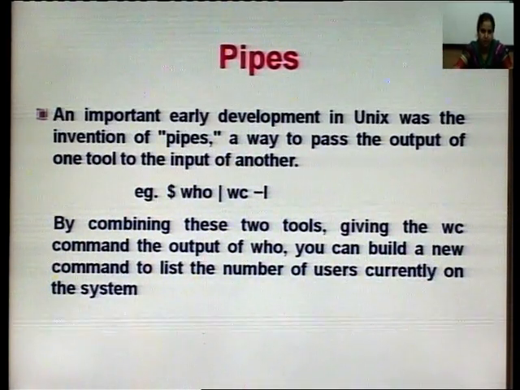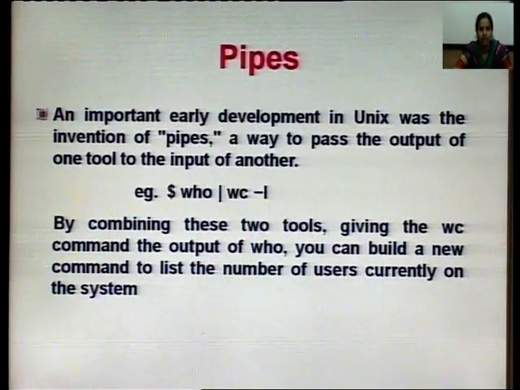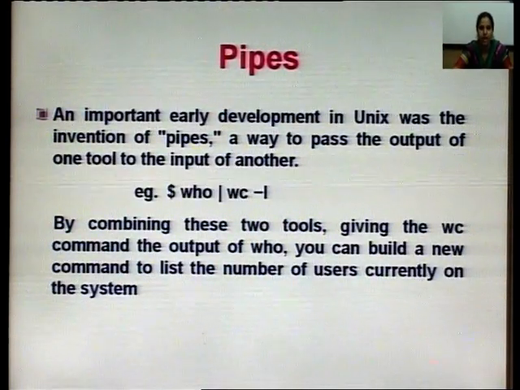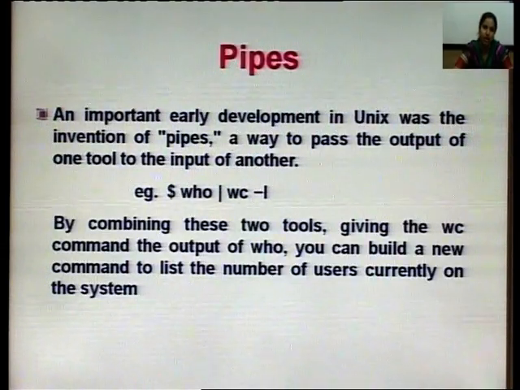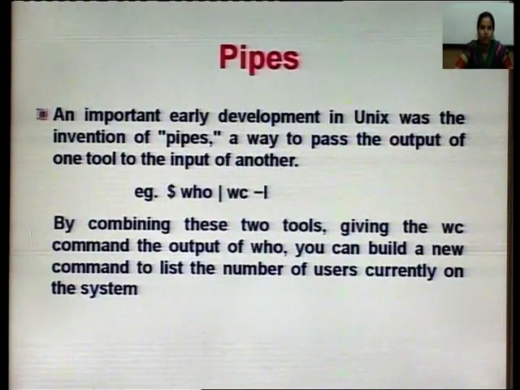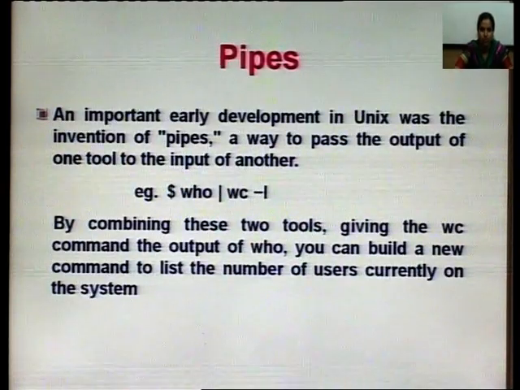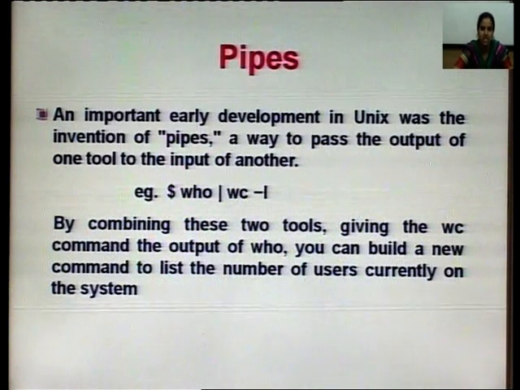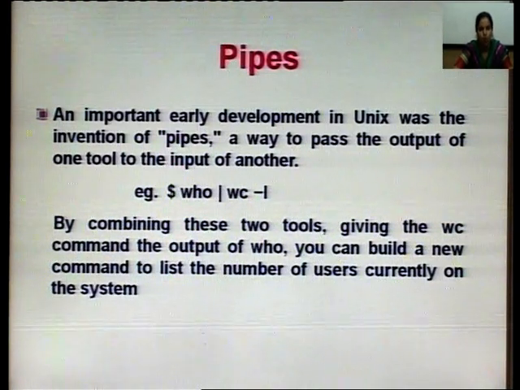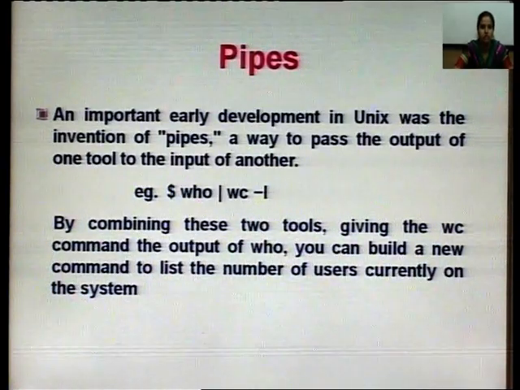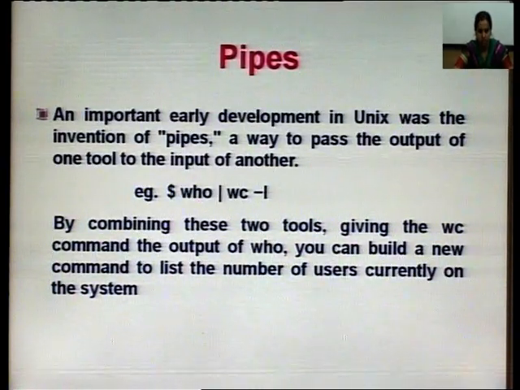Now the pipes. An important early development in Unix was the invention of pipes. This is a way to pass the output of one tool to the input of another. For example, who | wc. By combining these two tools, giving the wc command the output of who, you can build a new command to list the number of users currently on the system.